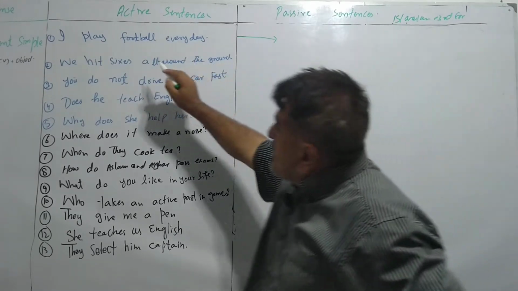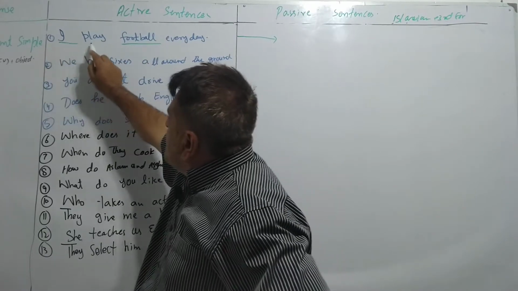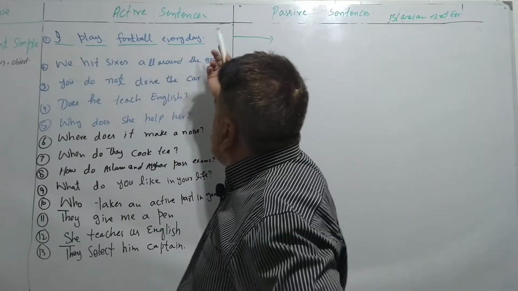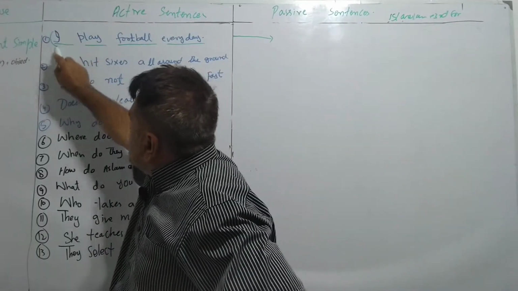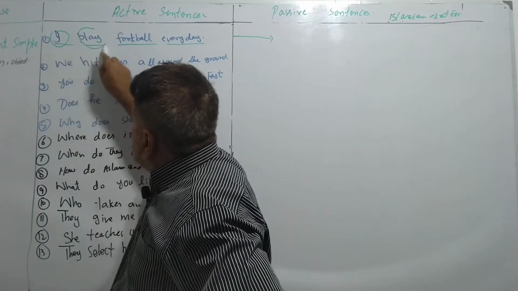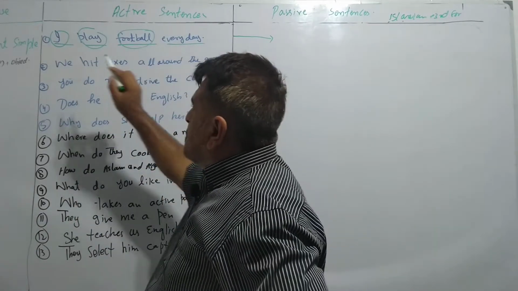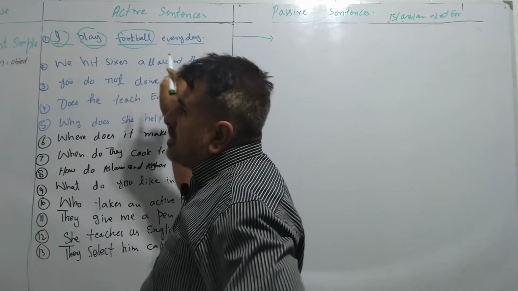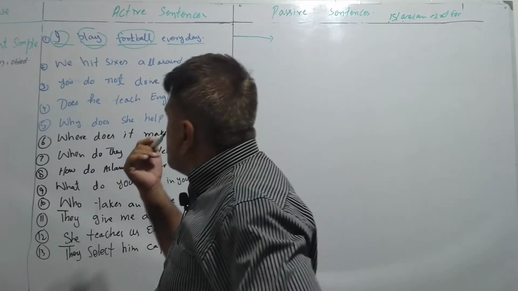Suppose in this sentence you have the object, the subject, the tense, and this is the adverbial. The focus is subject, then verb, and then object. You have to identify three things: subject, verb, and object.